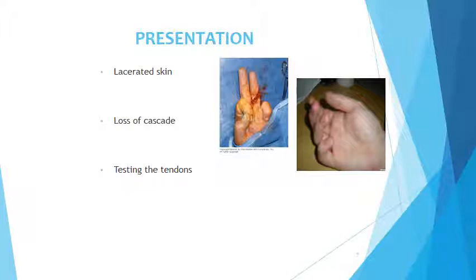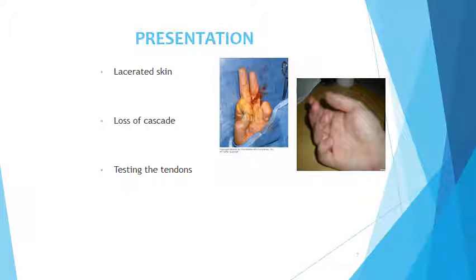So how does it then present? When you look at the hand, you can often see that the finger that's injured is not in its normal position. When you supinate your hand, can you see how your fingers naturally fall into a relaxed flexed position?